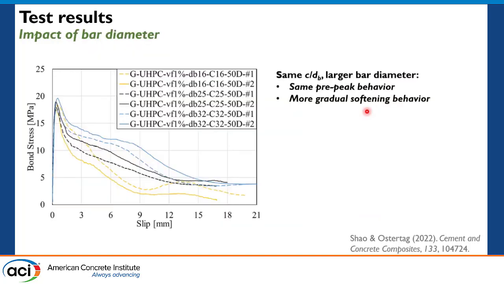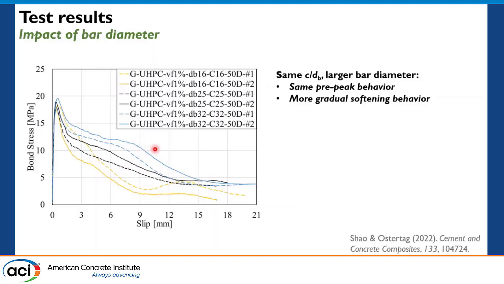Then we want to present the impact of bar diameter. Here we show the bond slip performance of three sets of specimens. These three sets of specimens have the same cover thickness to bar diameter ratio of around 1, but we increase the bar diameter from 16 millimeter to 25 to 32 millimeter, the blue line here.